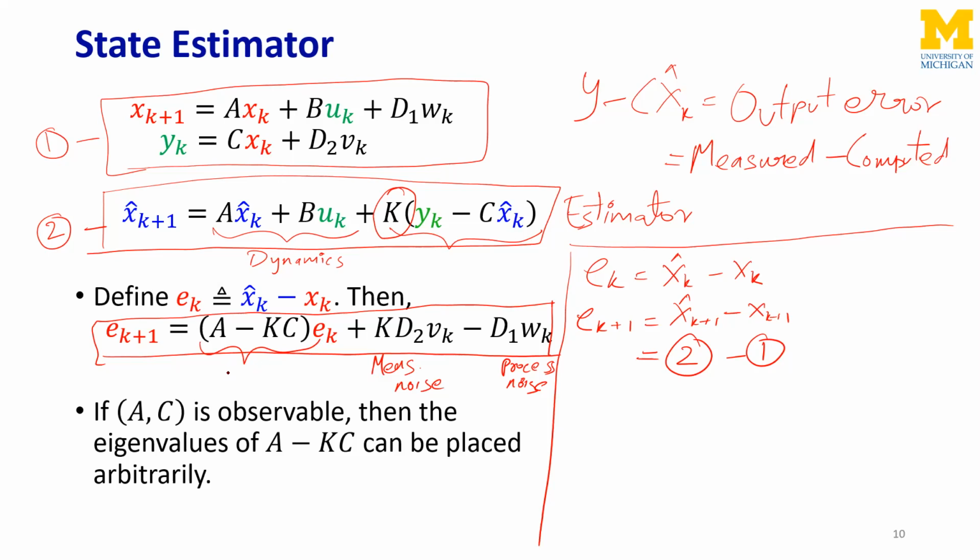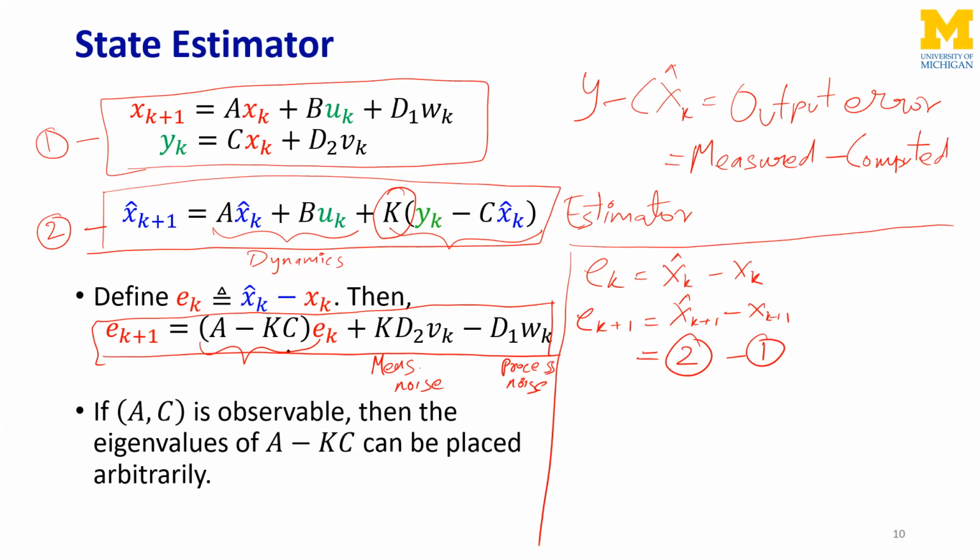Now, from linear system theory, we know that if the pair (A, C) is observable, then the eigenvalues of this matrix A minus KC can be placed arbitrarily, which means that even if A was unstable or marginally stable, and (A, C) is observable, you can actually place the eigenvalues of A minus KC anywhere you want.